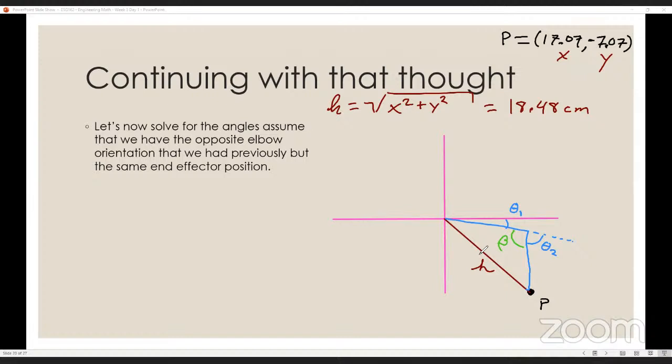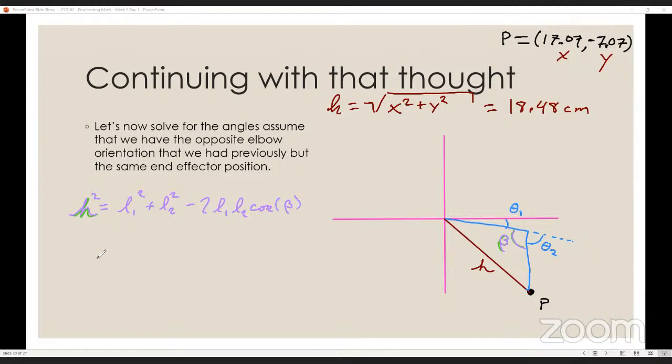Law of cosines. Law of cosines tells me H squared is equal to L1 squared plus L2 squared minus 2 times L1 times L2 times the cosine of beta.